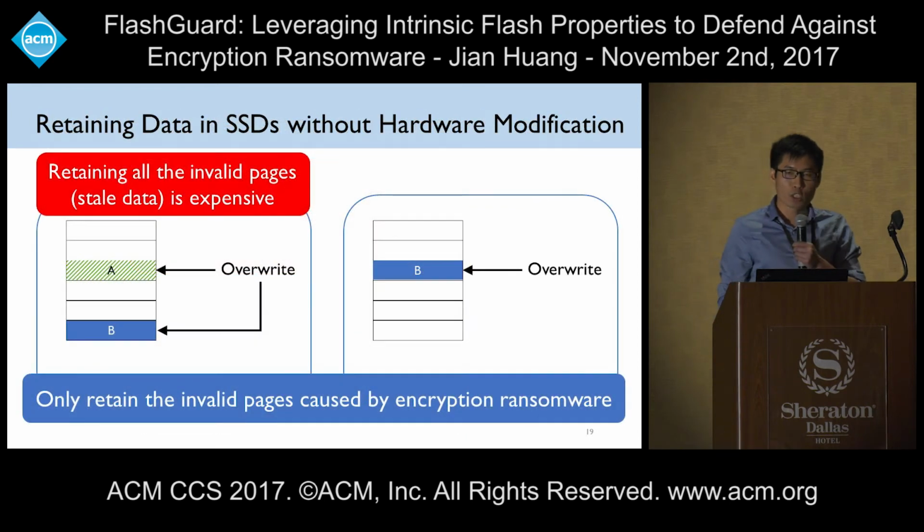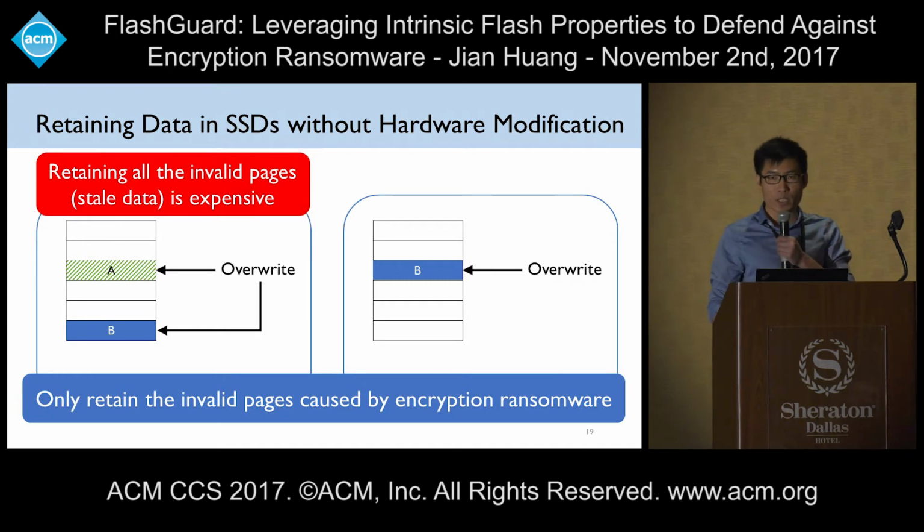By leveraging the intrinsic flash properties, we can retain the data in SSDs without hardware modifications. For example, when we overwrite a block, the SSD writes the data to a new flash block, changes the mapping address in the flash translation layer, and marks the older copies as invalid pages. The garbage collection is going to collect them later.